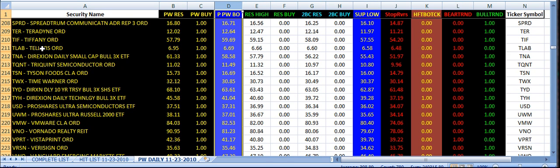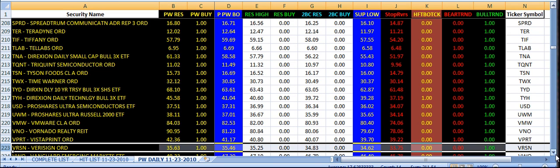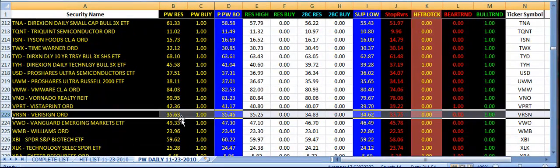Likewise, let's use another example here, something that everyone is familiar with. Let's use VeriSign, ticker symbol VRSN. You'll note that today's Pulsewave is at 35.63.